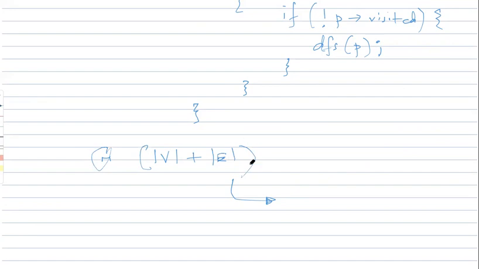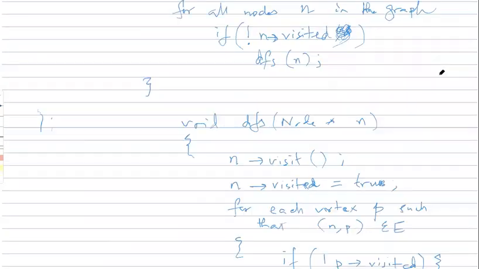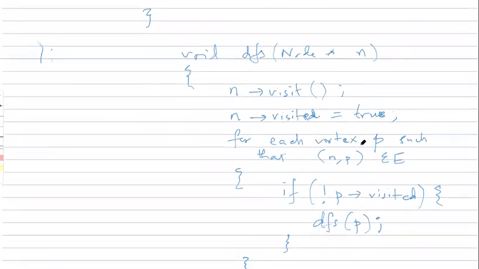significant, because in the case of adjacency list, this can be a small number. But in the case of the adjacency matrix representation, when you ask this question for every vertex, you're essentially scanning through all the nodes to ask, is this my neighbor?